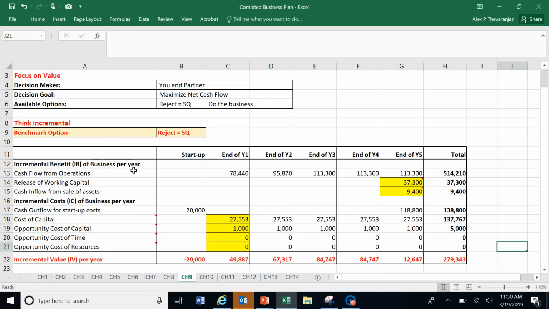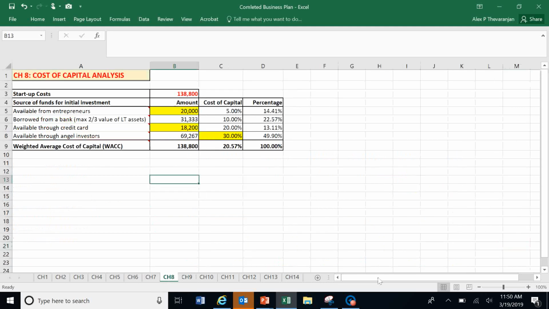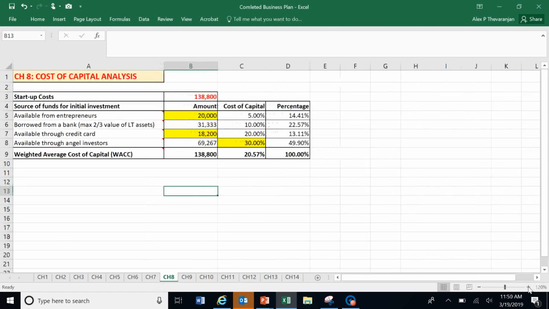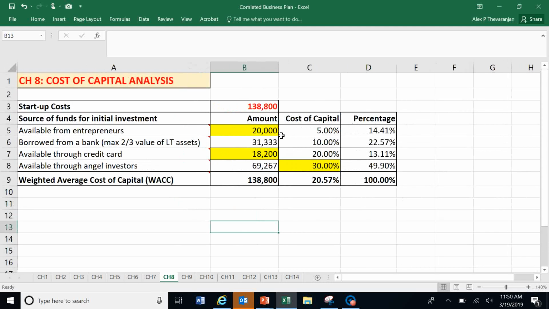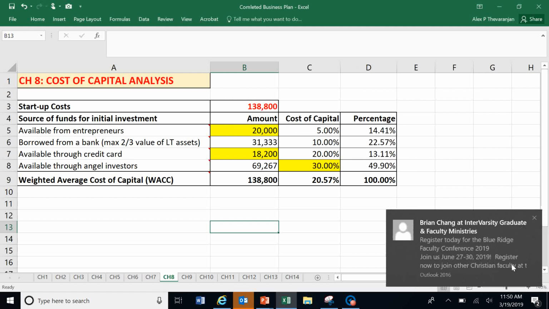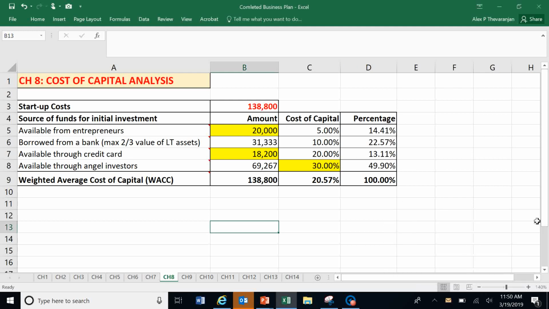The downside, if you look at the incremental cost, is that if you do the business, you have to come up with $20,000. In our financing situation in chapter 8, we are putting in $20,000 of our own money.